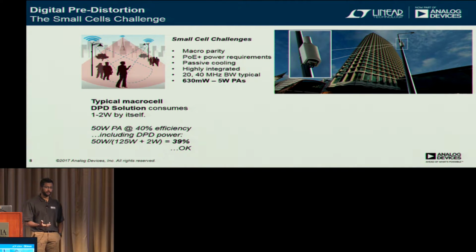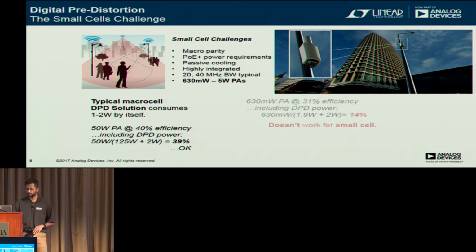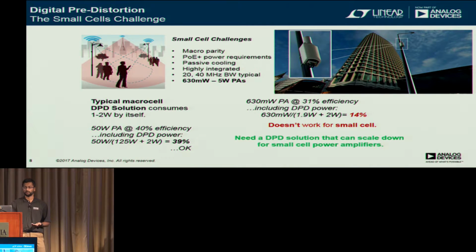So if you took a macro base station type DPD solution and applied it to a small cell system, you end up getting an inefficient outcome. It might have worked for a macro cell base station, but doesn't work for a small cell, right? Because now your PA efficiency improvement is swamped by the DPD solution's power expenditure.